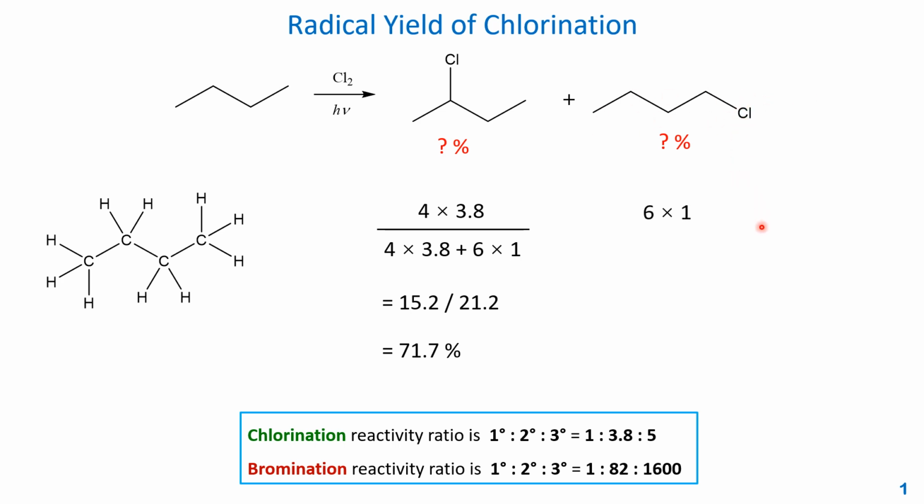So the calculation is 6 times 1: 6 possible hydrogens that can react, times 1, the relative reactivity, over the same denominator. That is 4 times 3.8 for the secondary hydrogens, plus the 6 primary hydrogens multiplied by their reactivity. Then we can calculate the ratio as 6 over 21.2, which is 28.3%. So that's how you calculate the radical yield of this chlorination of butane.